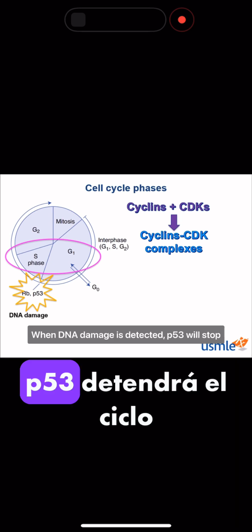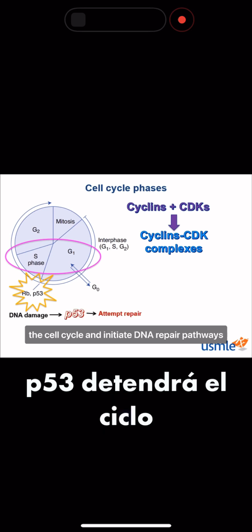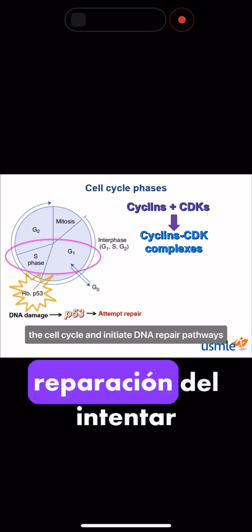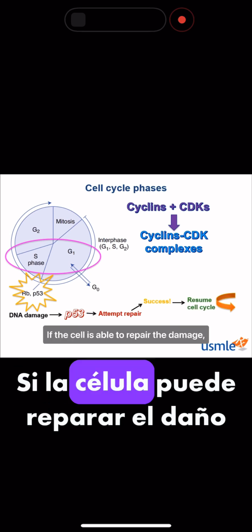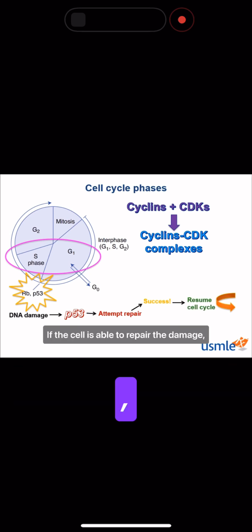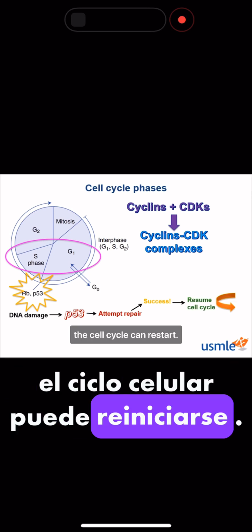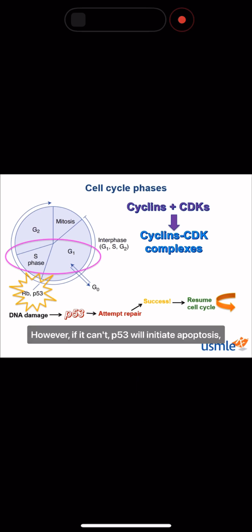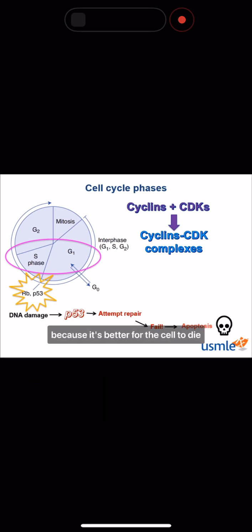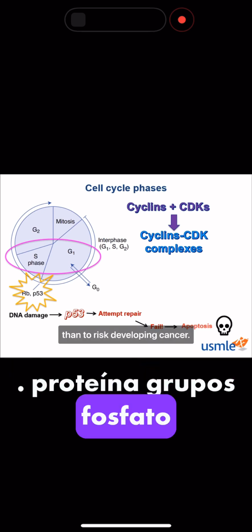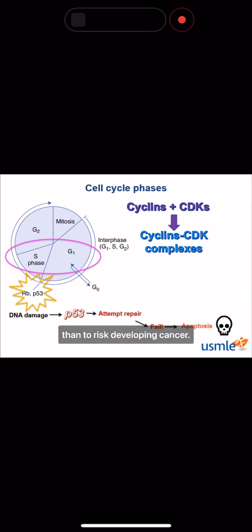When DNA damage is detected, P53 will stop the cell cycle and initiate DNA repair pathways to try to fix the damage. If the cell is able to repair the damage, the cell cycle can restart. However, if it can't, P53 will initiate apoptosis, because it's better for the cell to die than to risk developing cancer.